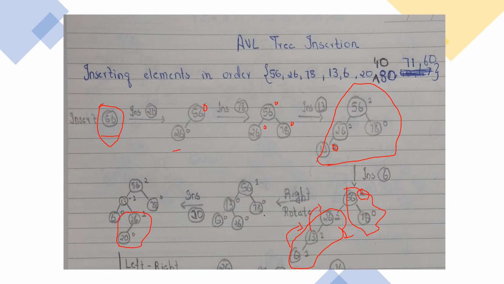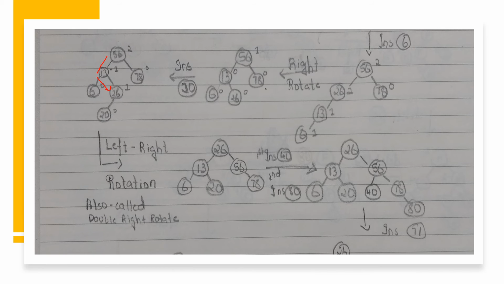So let's go to the next page. Our balance factor here is 2. So we go left, we go right, and this is where the insertion of the node is causing a problem. So what we are going to do is a left operation.